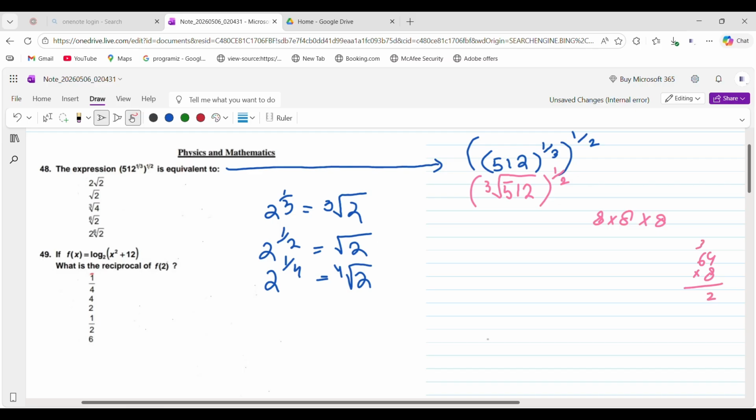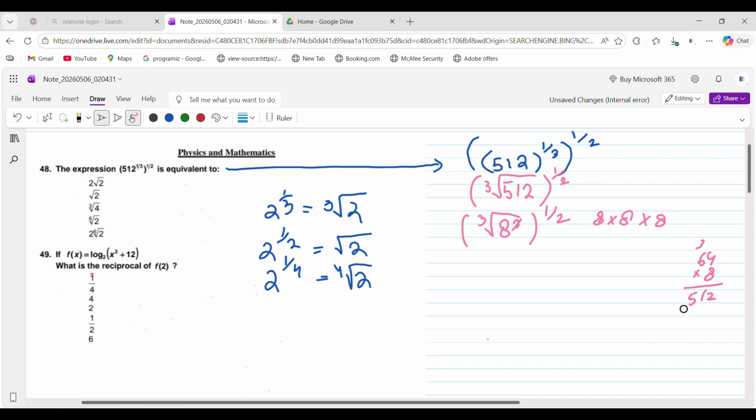So 8 into 6 is 48, and 48 plus 3 is 51. So 512 we have gotten, which means I can write it like that: 8 power 3. See, 8 power 3 under cube root, right? And then whole power 1 by 2.